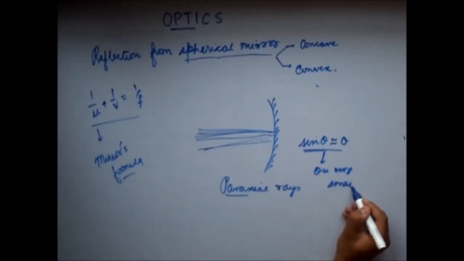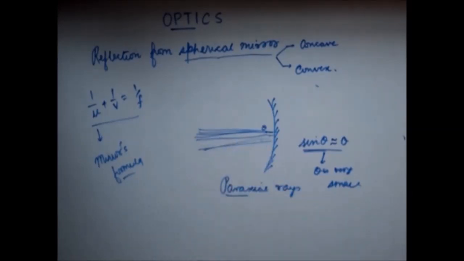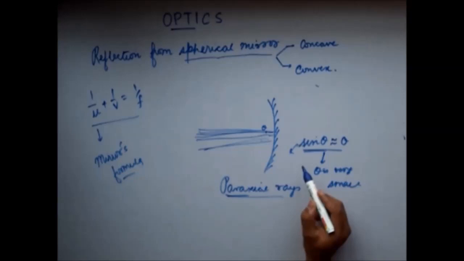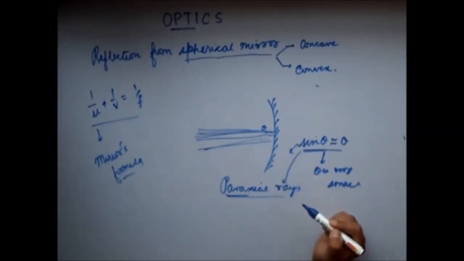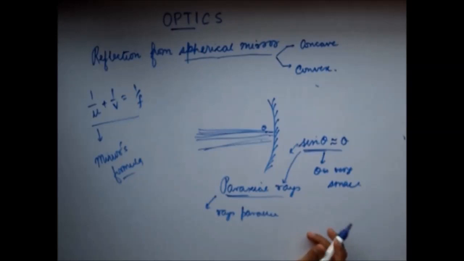If theta is very small, that means the rays are almost parallel to the principal axis. So our assumption is based on this fact, and since it is, we can only consider paraxial rays. Paraxial rays means rays almost parallel, not exactly parallel, to the principal axis and close to the principal axis.